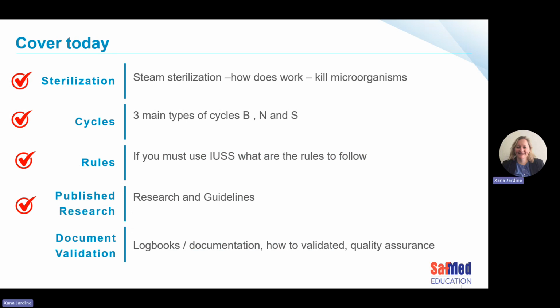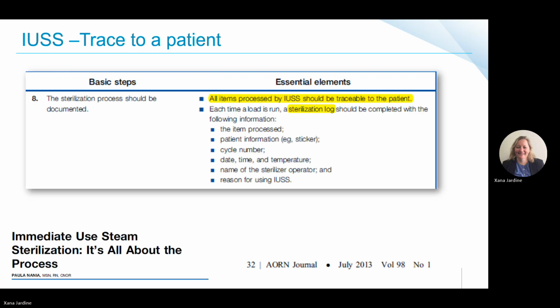All right, so we've looked at some of the research and some of the guidelines, but what does it say about logbooks and documentation and quality assurance when it comes to immediate use steam sterilization? The AORN teaches us that all items must be traceable to the patient.